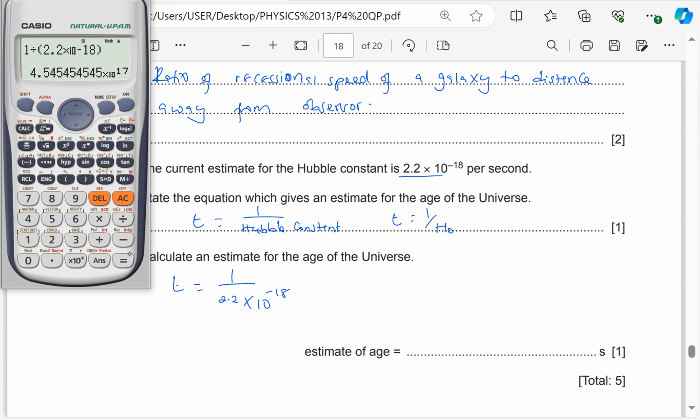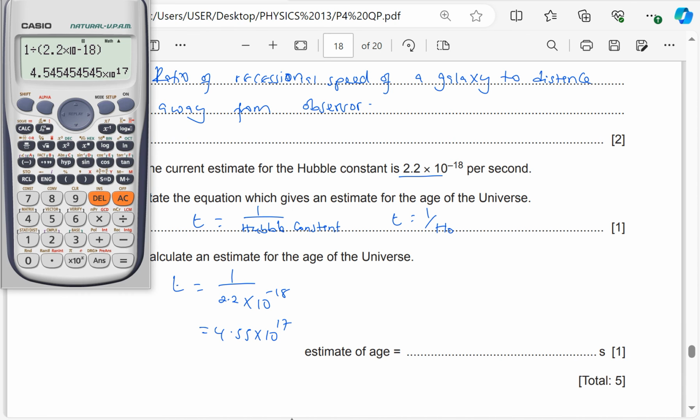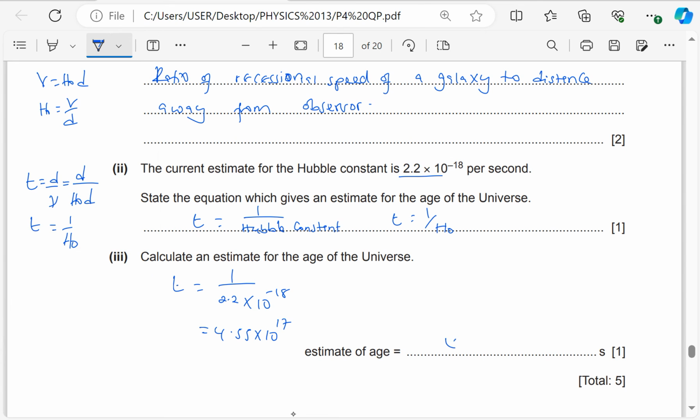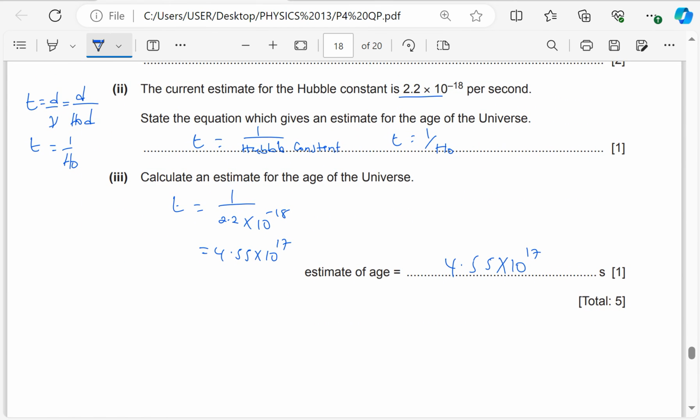So this is 4.55 times 10 to the power of 17. Okay, so that is the estimated age of the universe in seconds.